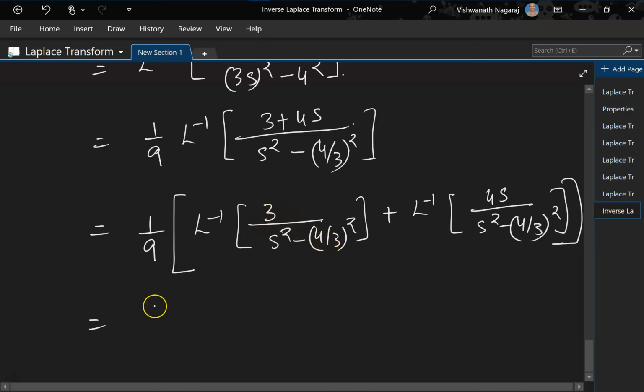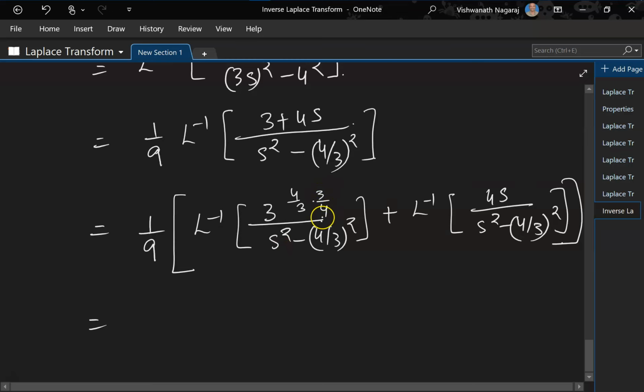So if you want it to be 4 by 3, then what do we do? I have to make it into 3 by 4.